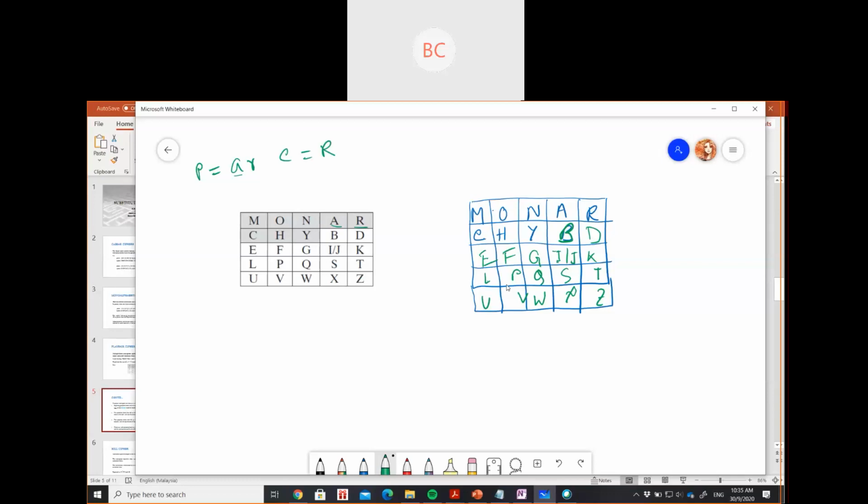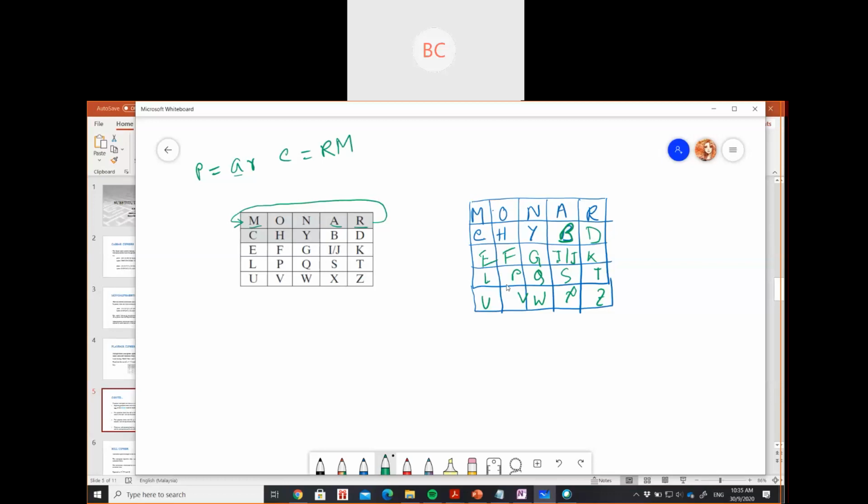There is no right side letter, so it will go circular, like a circular array. After R, you consider the first letter of the row, so R will be replaced by M.